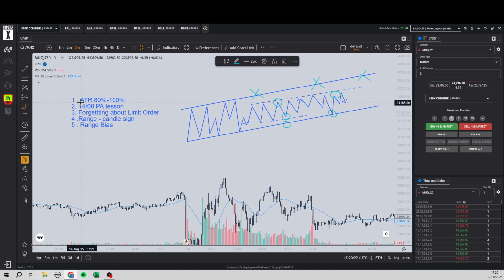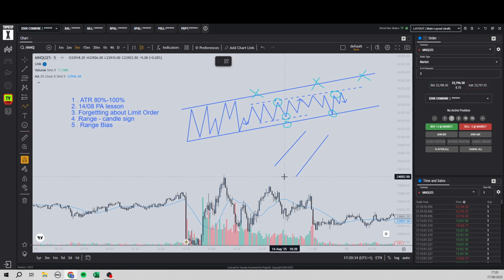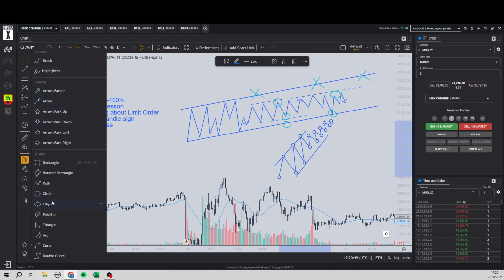Now, of course, this can take shape in many forms. We might see something like this. Say we're in a range like this, like that, like this, but then slowly we start seeing a shrinking range, and now instead of this big one we have, where is it?